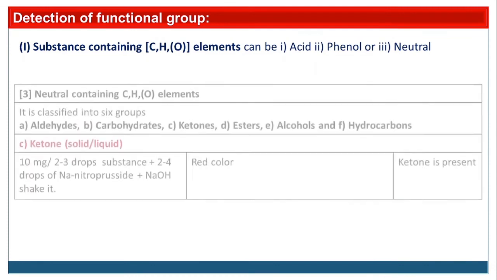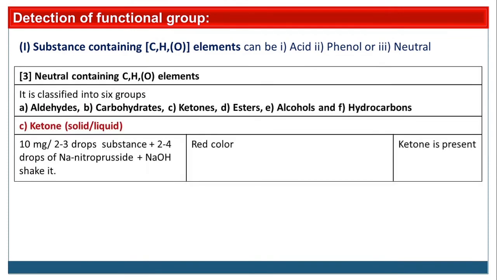Then next is ketones. This test is for solid as well as liquid also. For that purpose you have to take the substance plus 2-4 drops of sodium nitroprusside plus NaOH and shake it well. If the red color appearance is there, then ketone is present. Sodium nitroprusside, what is the formula?